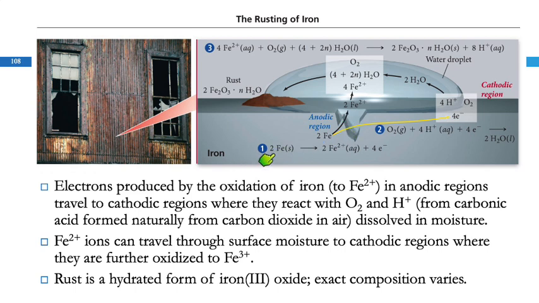And so we've got iron being oxidized to iron 2, and that gives off 4 electrons. It sets up an electrolytic cell within the water, a voltaic cell within the water droplet. And so you end up with the rust being formed and the metal being eaten away.